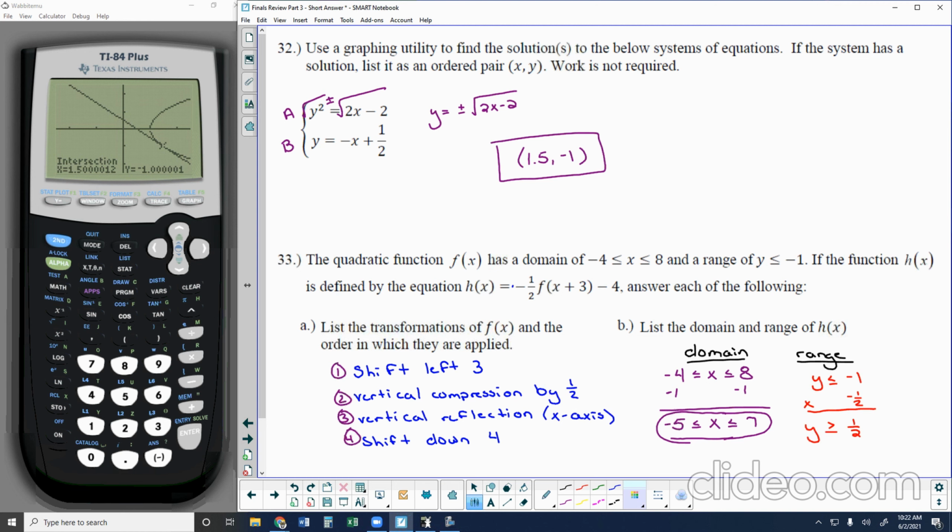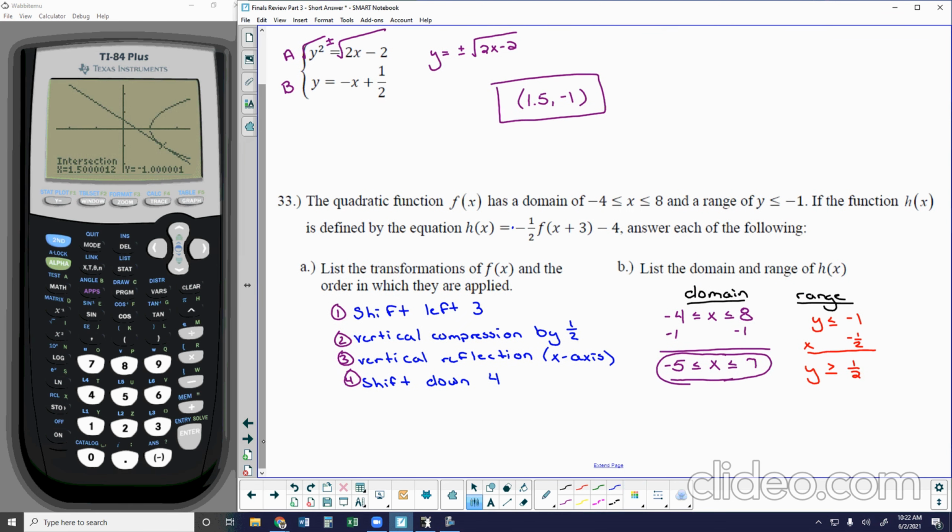So we want to make sure we're doing these operations in order, and so we would need to multiply first here, do the vertical compression and reflection. Now we can shift down. So the shift down would actually be a subtraction of 4. So 1/2 minus 4 would be y is greater than or equal to negative 7/2 or negative 3.5.